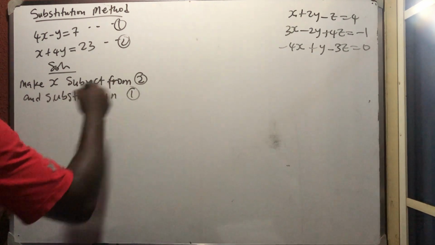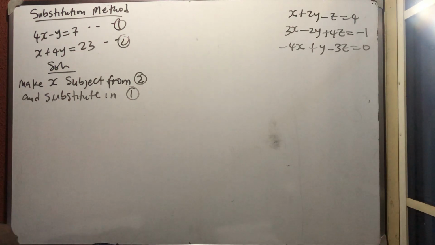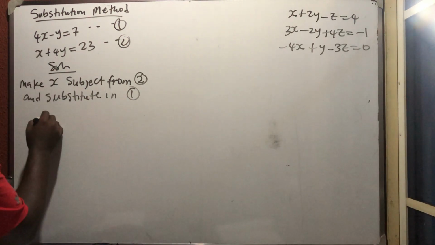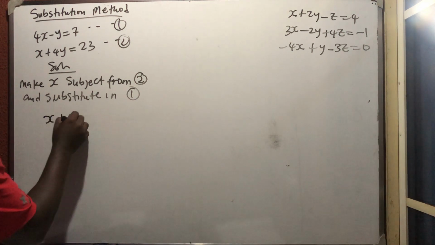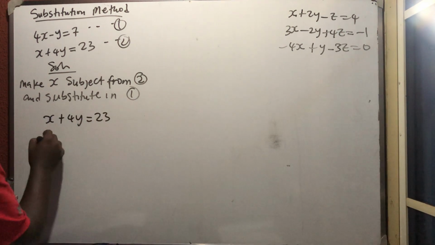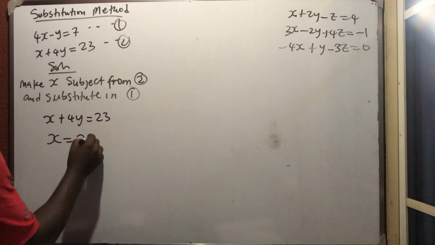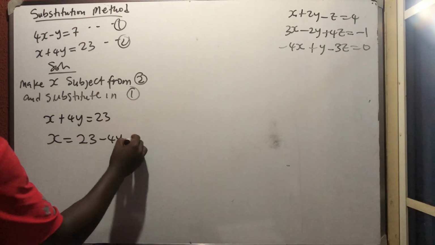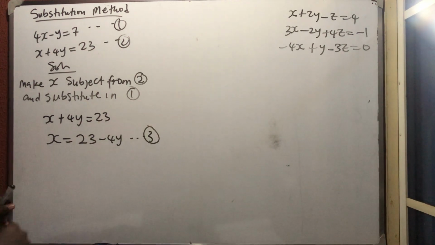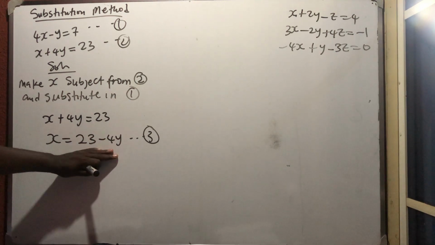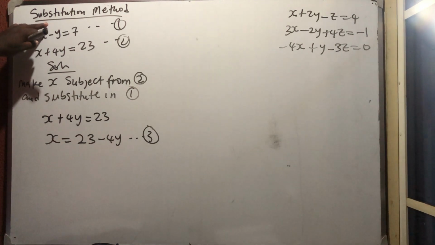From 2, I have x plus 4y is equal to 23. So therefore, x is equal to 23 minus 4y. Let me call it equation 3. I have made this the subject. So now let us carry it and substitute it in equation 1.